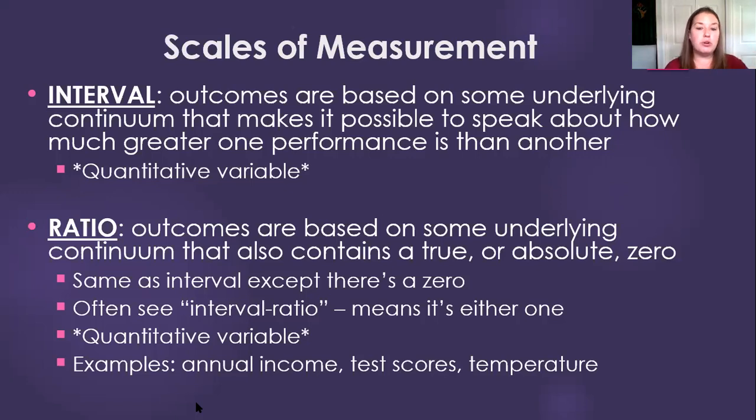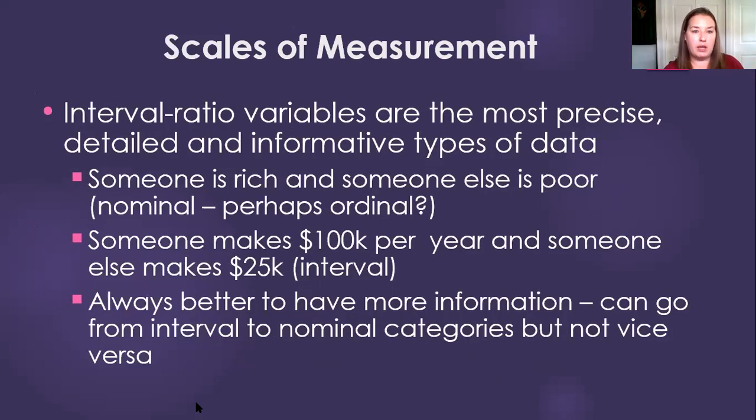And again, I want you to know that ratio exists, but for our purposes, we're going to keep it simple for the semester. And oftentimes you'll see them referred to as interval ratio level variables. The text uses that a lot. This just means that it's a variable that has a quantitative value, that it's not a categorical variable like nominal and ordinal level variables, but there is a numeric value as the answers.